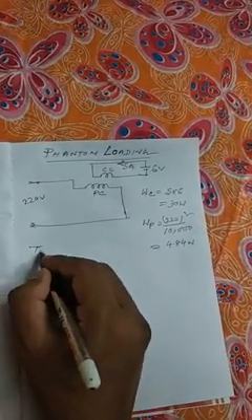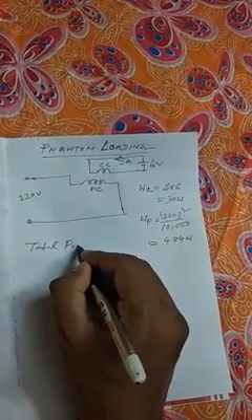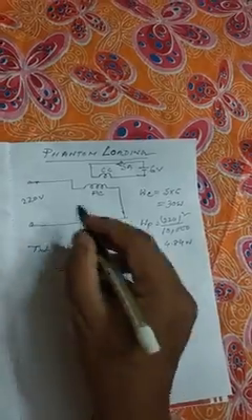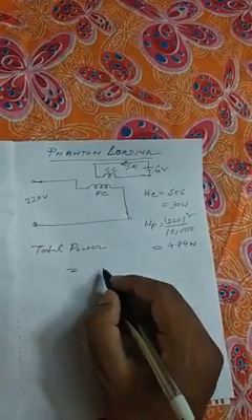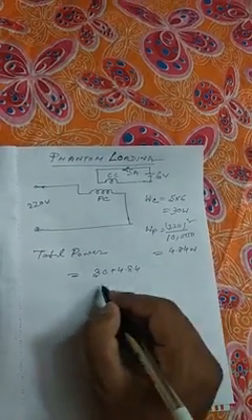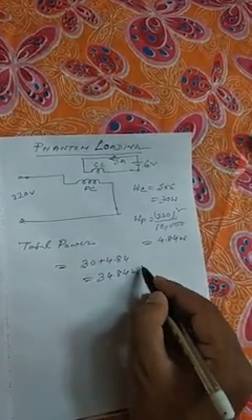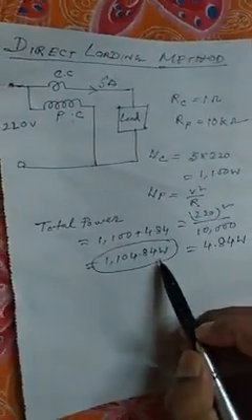Now the total power that is consumed by this phantom loading arrangement is 30 plus 4.84, that means 34.84 watt. Now this is very small compared to the conventional one.